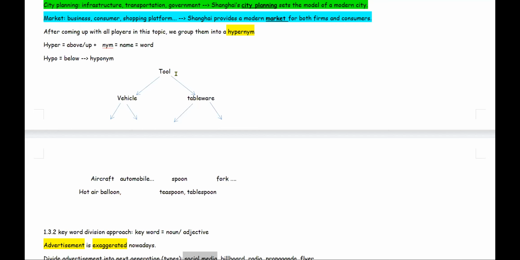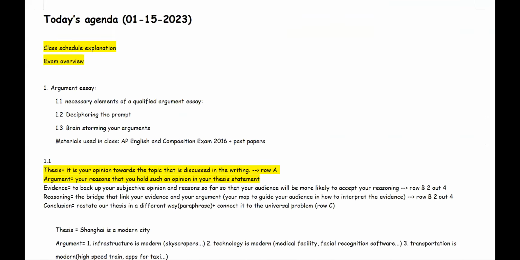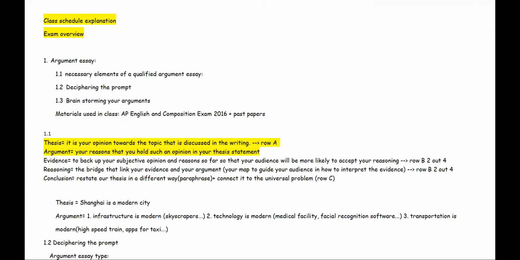All right. So this is our session for today. Did we cover everything? Yes, we did. We're awesome. So we have the necessary elements. We focused on the first two parts, thesis and arguments. We talked about how to decipher the prompt to make sure we don't end up writing an off-topic essay.